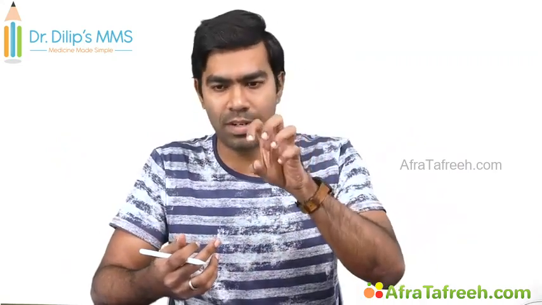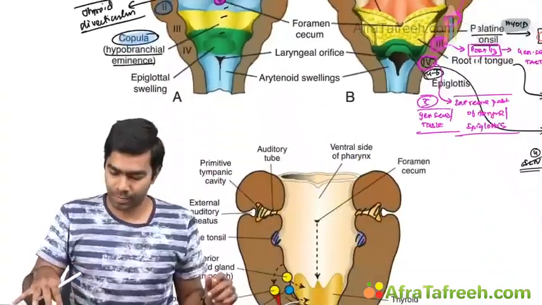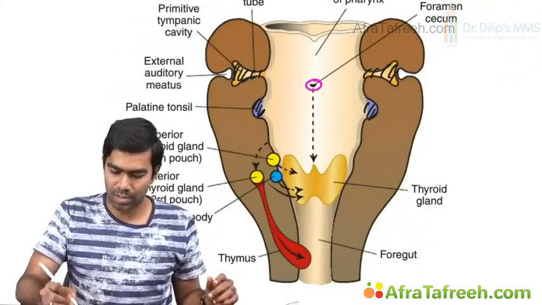At that time, in between these two structures, there is a chunk of endoderm that separates out, and it forms the thyroid diverticulum initially, which is later going to form the thyroid gland. And this portion of the separated chunk of endoderm is going to form a foramen called the foramen cecum. And you can see this is the foramen cecum.